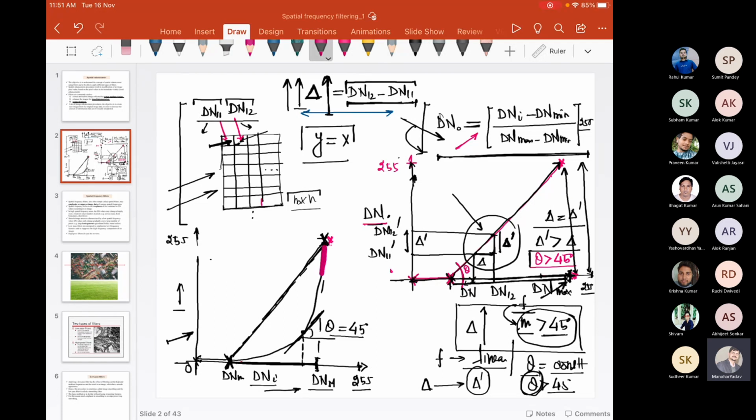If we consider this section, we divide it into two parts.